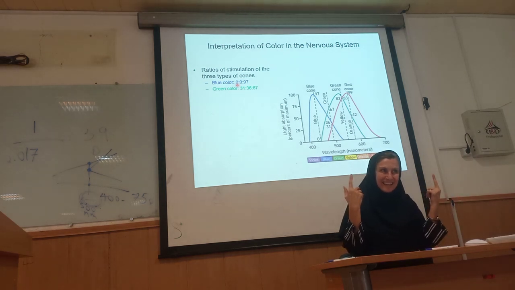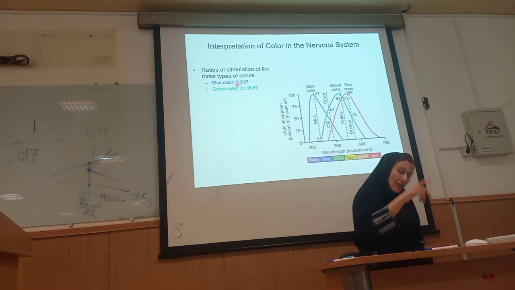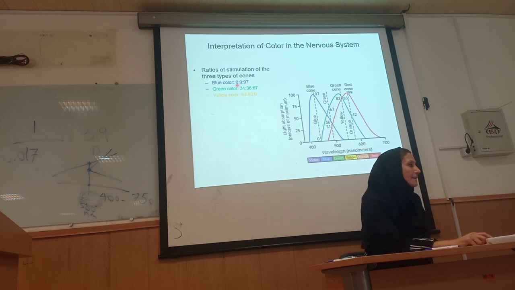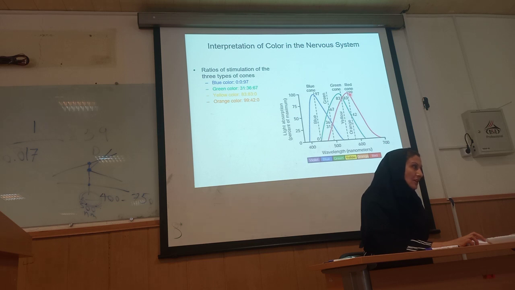Pay attention. Okay, I will show you. And for the yellow color, you can see 83% stimulation of the green and red, but for the blue it is 0. And for orange, you can see 99% of red stimulation, 42 of green, and 0 for blue.